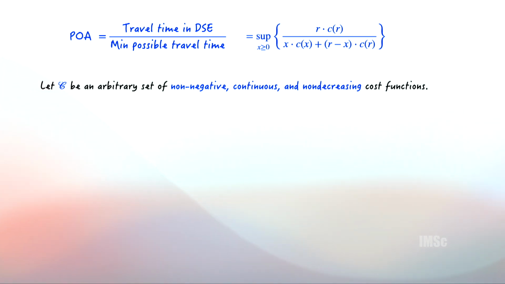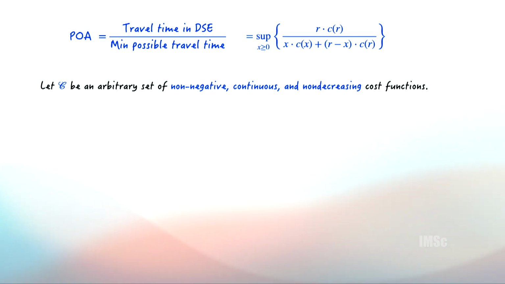So this is some arbitrary set of non-negative, continuous, non-decreasing cost functions. It is a very generic set of properties we require, and it is very much common sense for a flow network. You do not want negative values, you want continuity, you can't have weird jumps, like from 5 to 7 where 6 is not there.